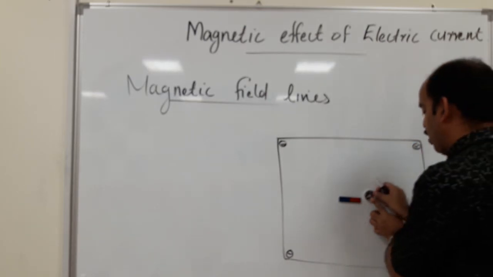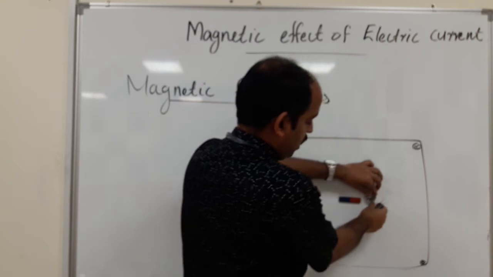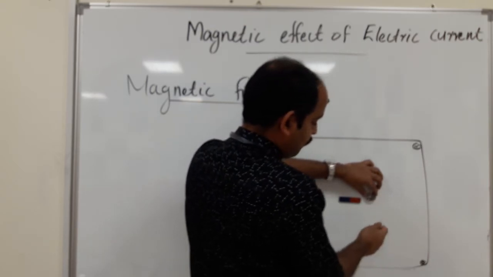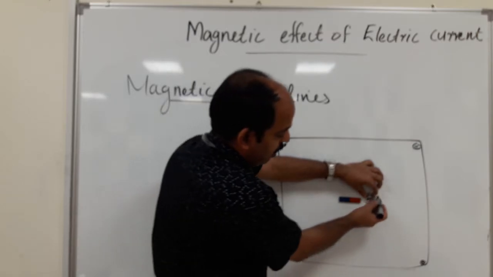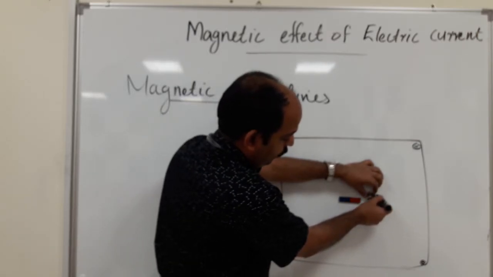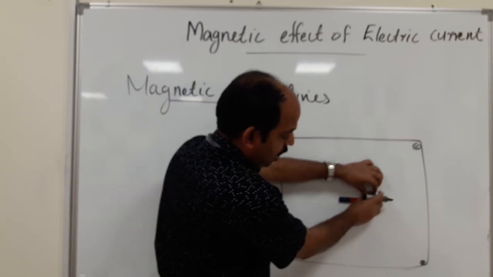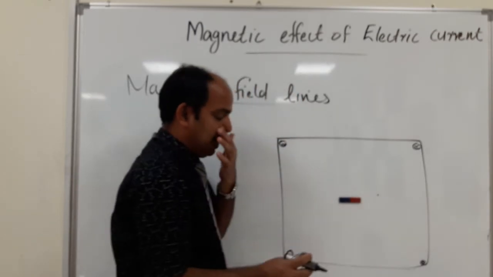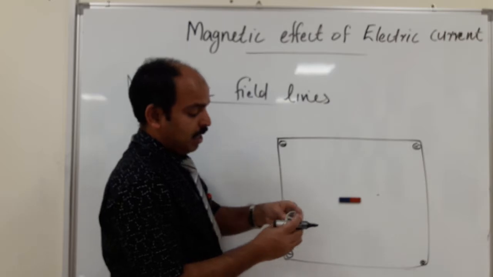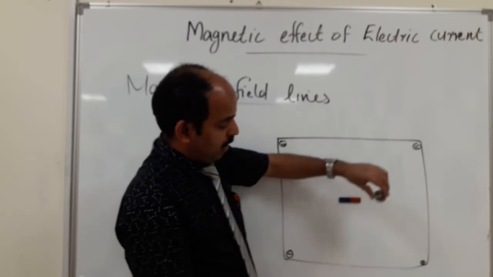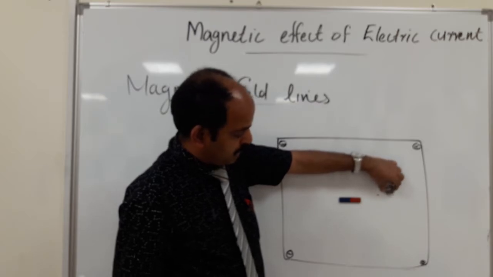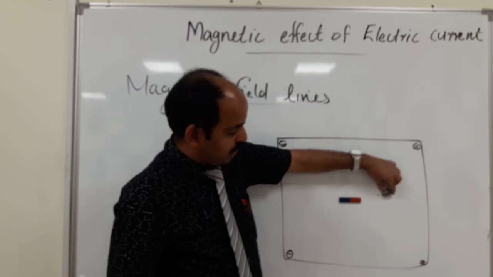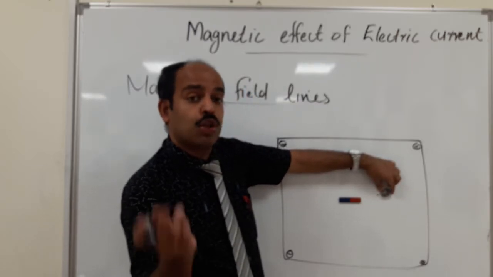Okay. Now what you have to do is keep it like this and put a mark. Put one mark at the point of the north pole of this compass needle. Now move this compass needle and keep the south pole of the compass needle at the position previously occupied by the north pole.